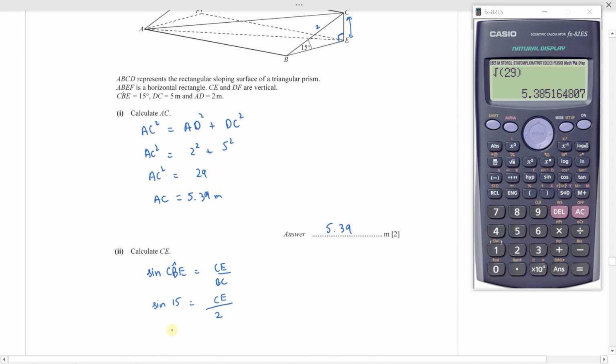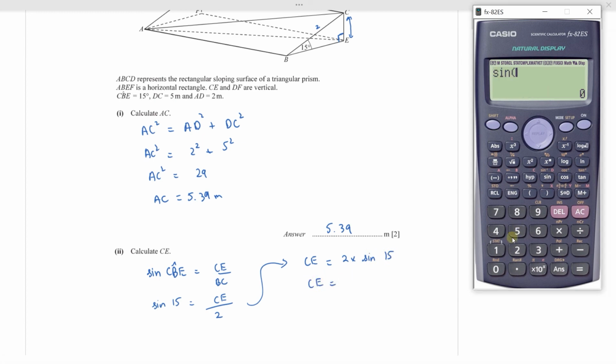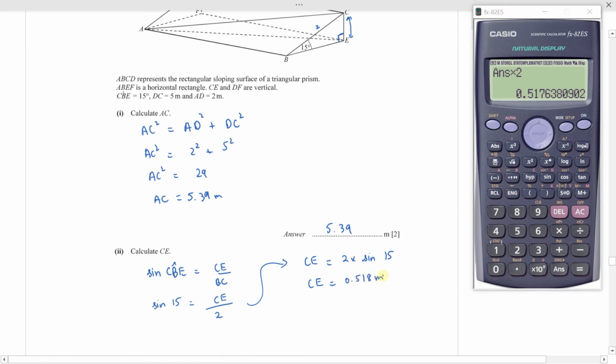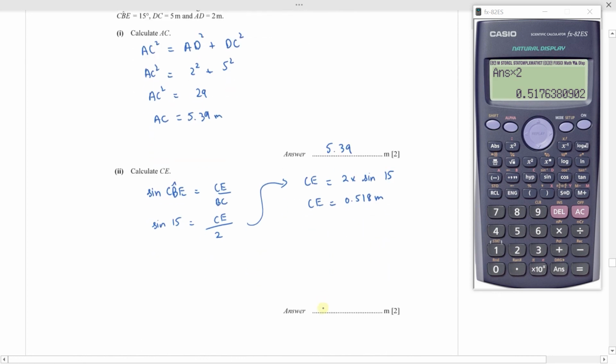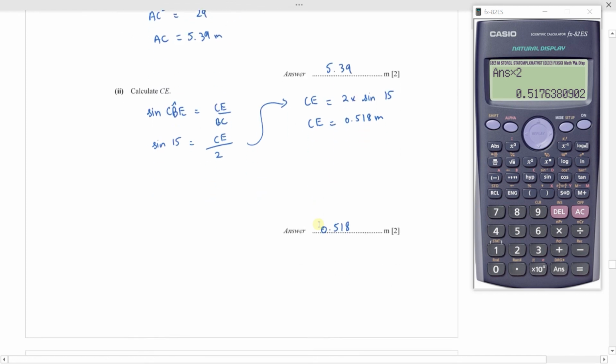So let me actually write it up here. CE will be equal to 2 times sine of 15. So this is 0.518, 0.518 meters. So 0.518 up to 3 significant figures.